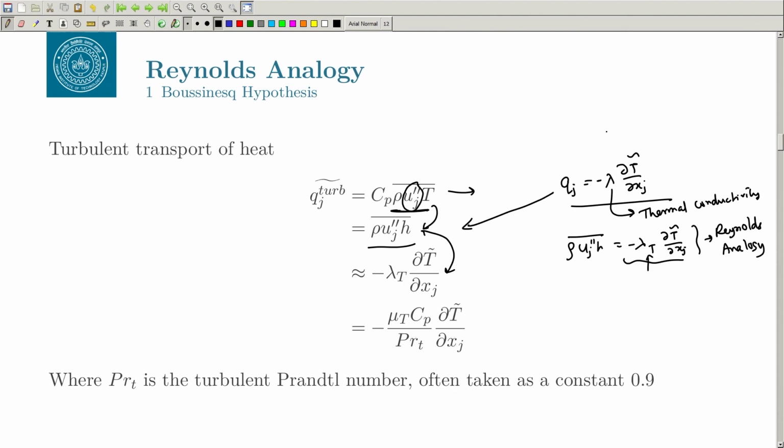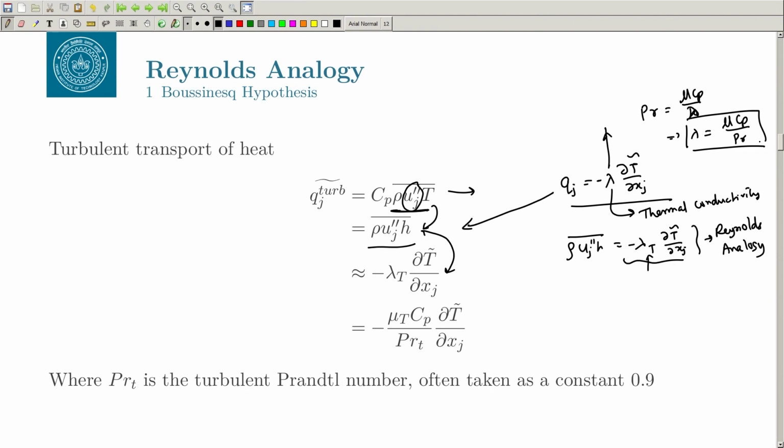So, if you recall, while non-dimensionalizing we had used the number called Prandtl number, okay, which was given by mu Cp by k, or lambda, write lambda here. So, lambda was mu Cp by Pr. Okay, so this was molecular diffusivity by the thermal diffusivity. We had used this definition.